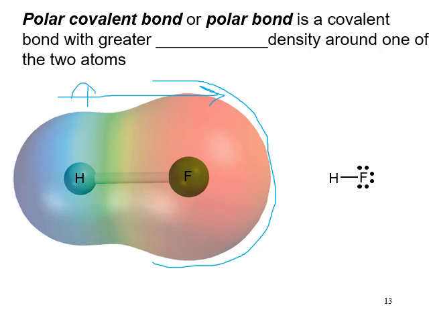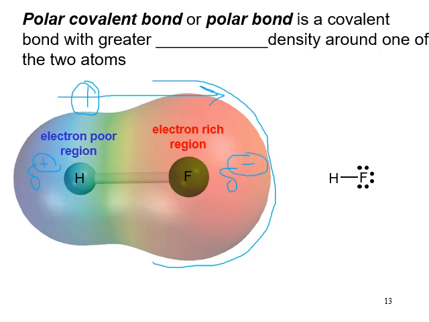Now, what I just drew here for you is a bond moment, and a bond moment is an illustration of where the negative end is, here's a partial negative on this end, and where the positive end is. So this is the electron-rich region in the fluorine area and the electron-poor region. Electron-poor means positive.